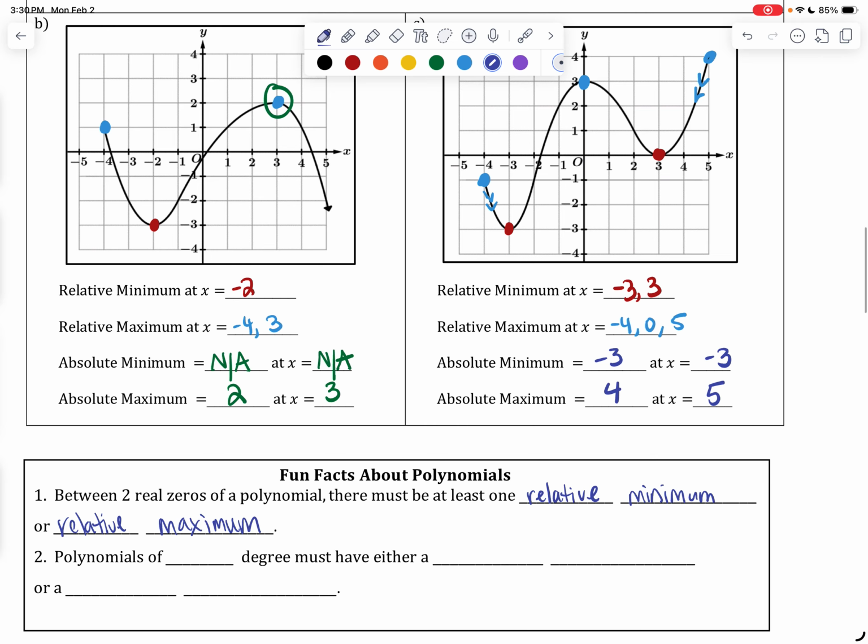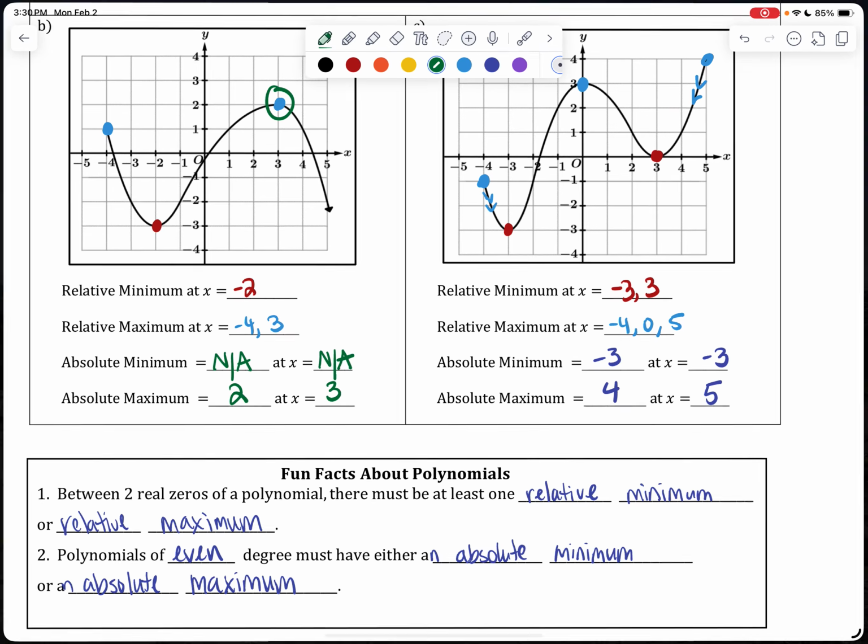Now, polynomials of even degree must have either an absolute minimum or an absolute maximum.